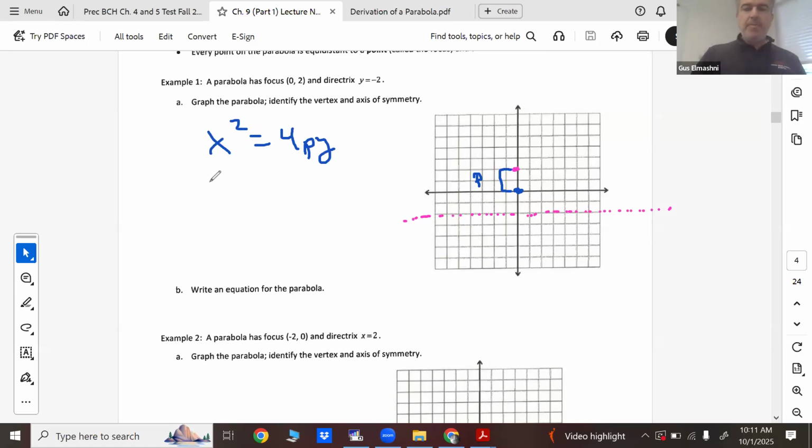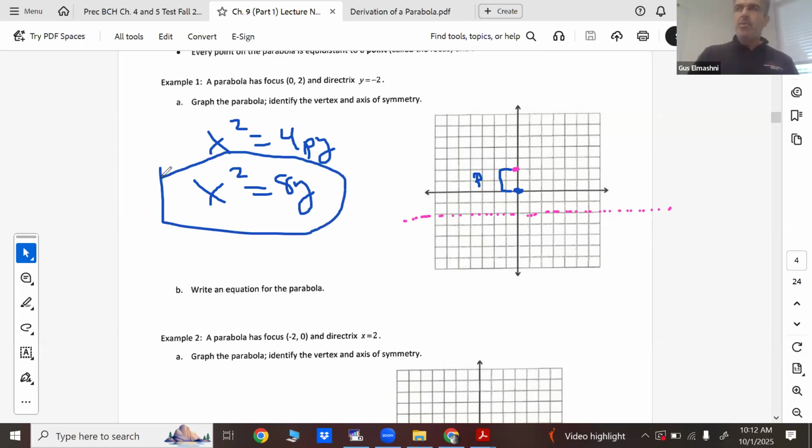So if p is 2, then what's my equation? x squared equals 8y. It seems kind of weird because we like to isolate y. Actually, I prefer you guys don't. I prefer you write it this way, just because it gets really messy with the fractions. So actually, I kind of did part B before I did part A.